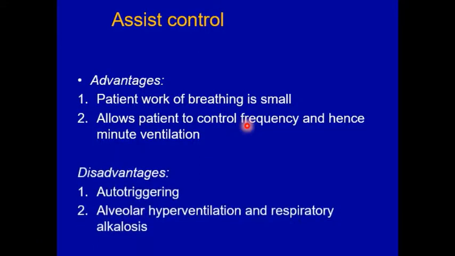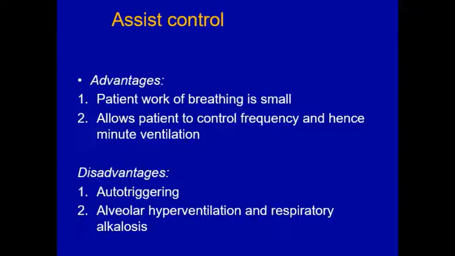The disadvantages are that auto triggering is a possibility, so we have to adjust the triggering appropriately, and also alveolar hyperventilation and respiratory alkalosis is common. For example, a patient with ARDS, because it is a hypoxemic respiratory failure, will always stimulate the respiratory center.